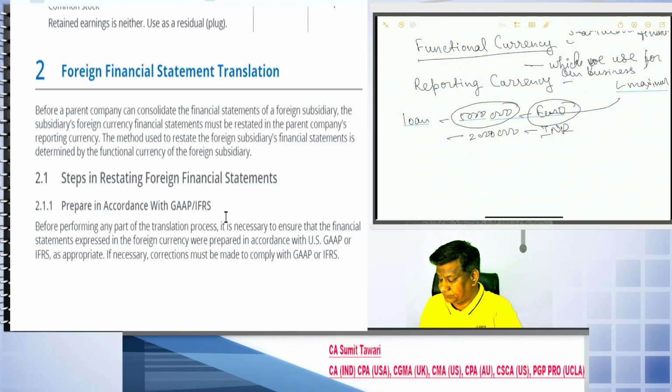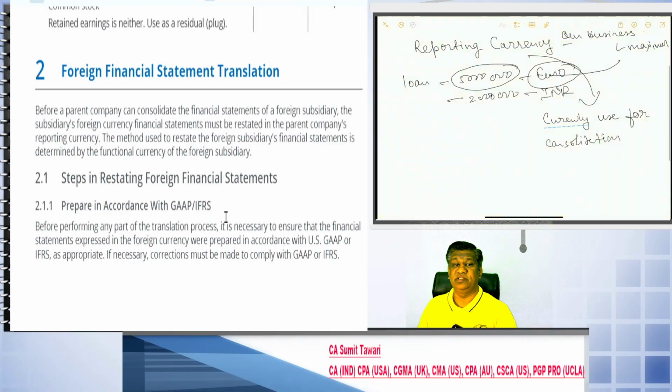Then the reporting currency is basically the currency in which we are consolidating the financials. It is used for consolidation, so it is generally the local currency of the parent company.